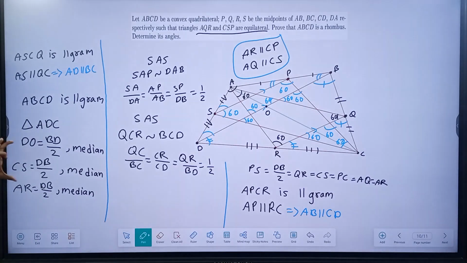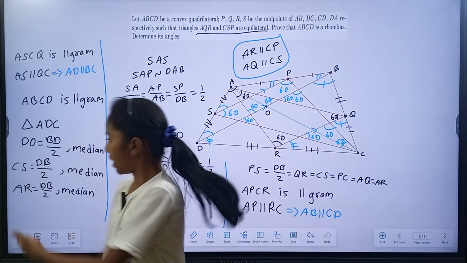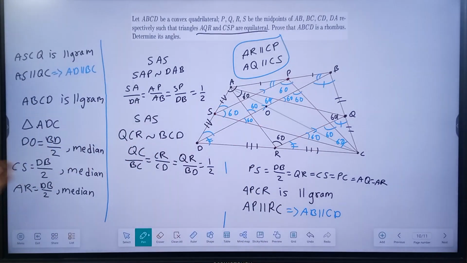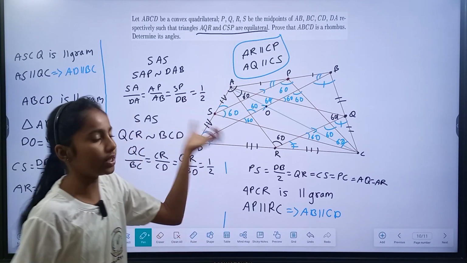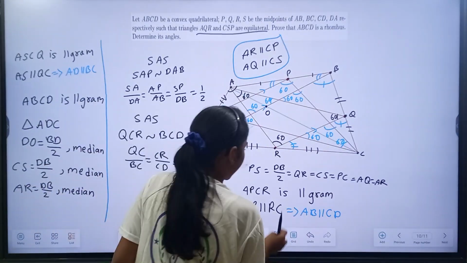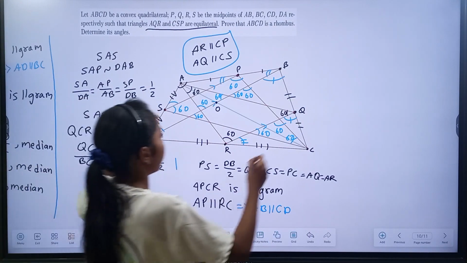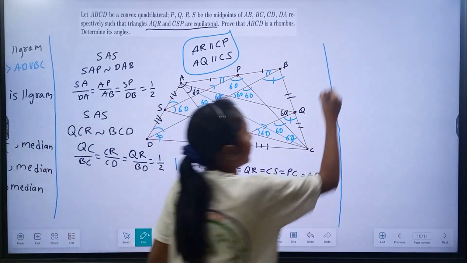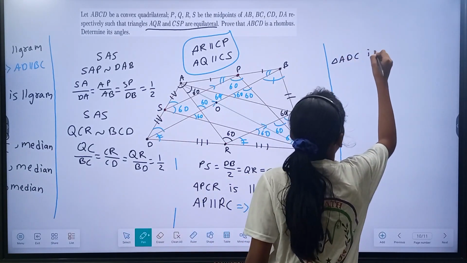If all three medians are equal, the only possibility is that ADC is an equilateral triangle. So AD equals AC equals DC.